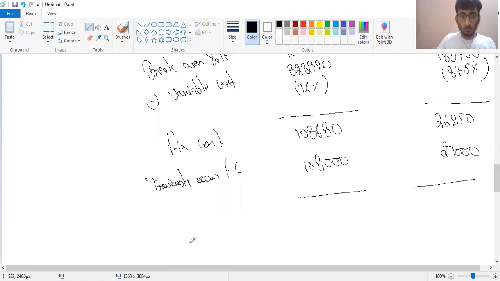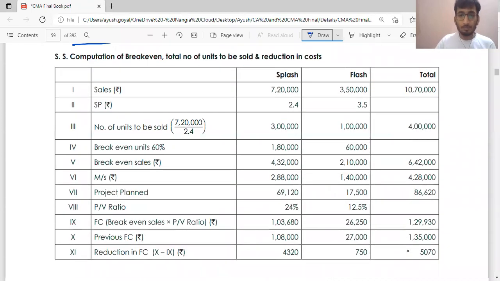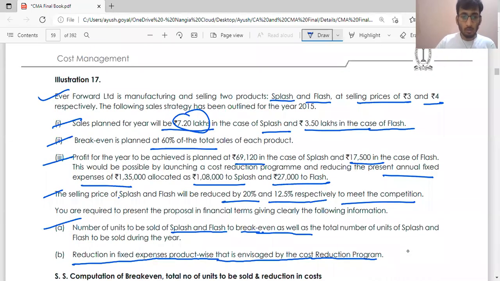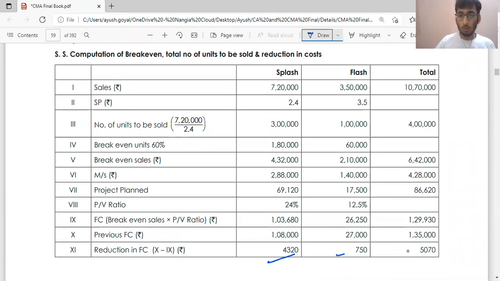So saving in fixed cost would be 4,320 and 750. Done. Let's see the solution once. It is asking us to calculate reduction in fixed expenses product wise. So it is 4,320 and 750.